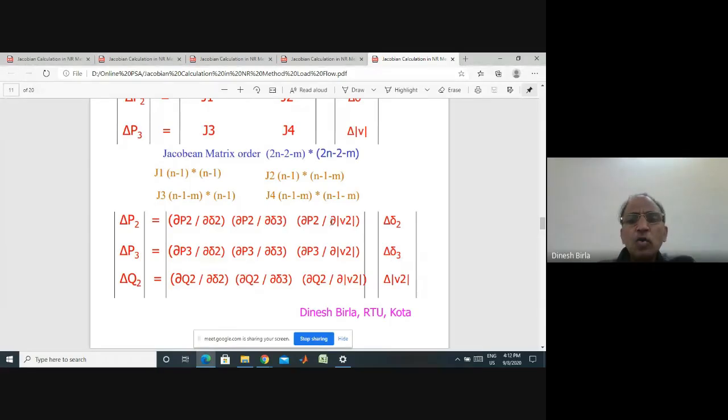In the row we would have had one more row of delta P4, and at the same time one more column extending beyond delta P2 delta V2. That would have been, in the first row, delta P2 by delta V3, then in the second row delta P3 by delta V3, and in the third row the partial differentiation of Q2 with respect to del V3. Okay, I hope it is clear.